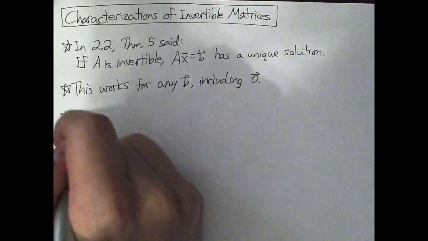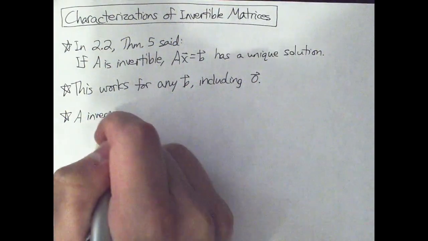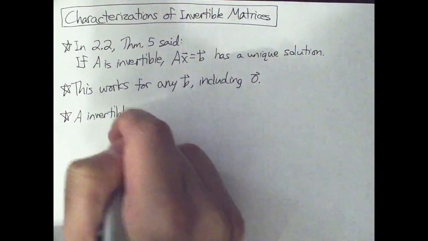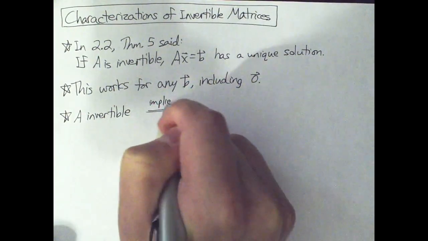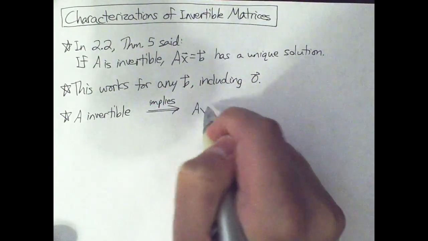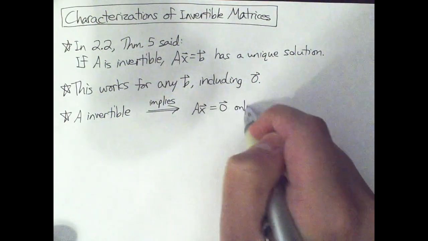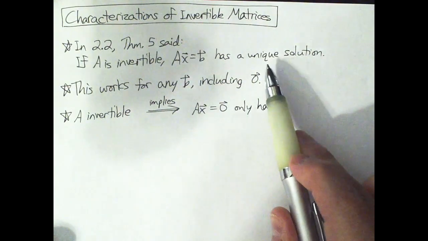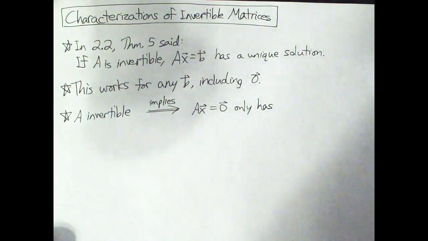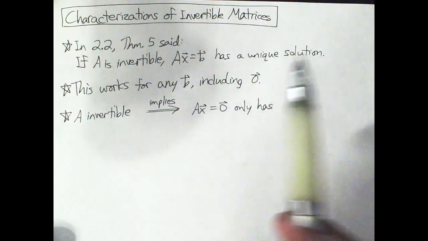So, A being invertible implies that AX equals 0 only has, well, before I finish this sentence, let me tell you where I'm headed with this, okay?